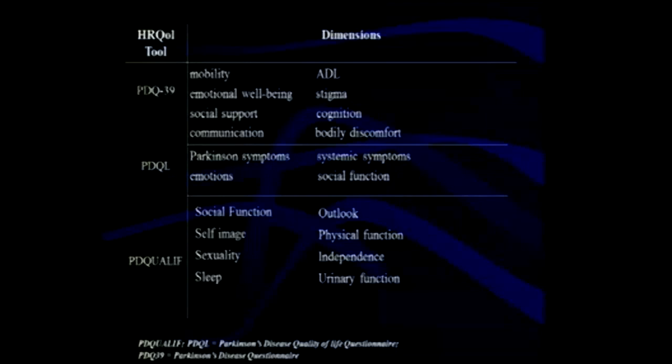The PDQ-ALF is 33 questions, and this is how the dimensions will be broken up. If you look, they'll assess social function, self-image, sexuality, sleeping problems, overall global outlook, physical function, which includes ADLs, independence, and then of course urinary dysfunction.